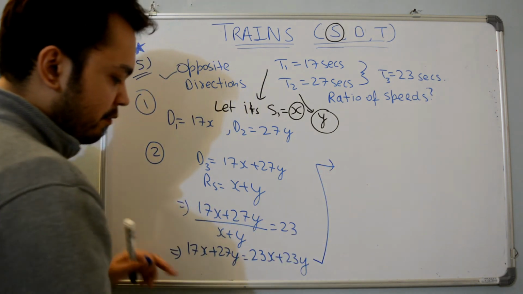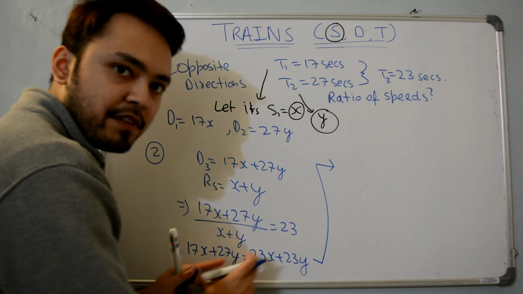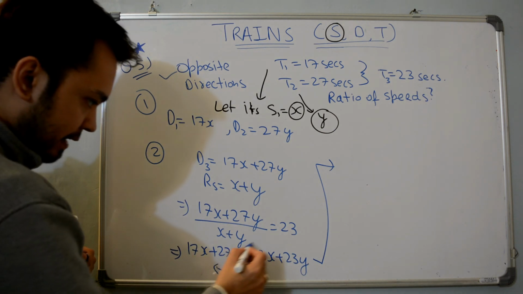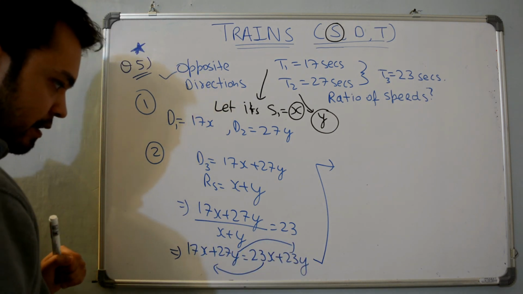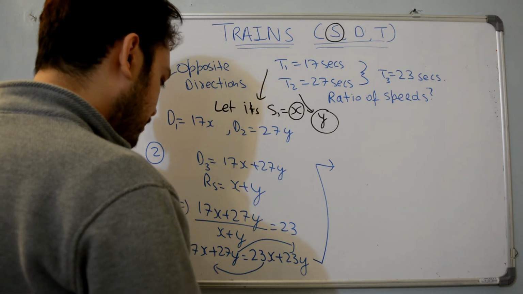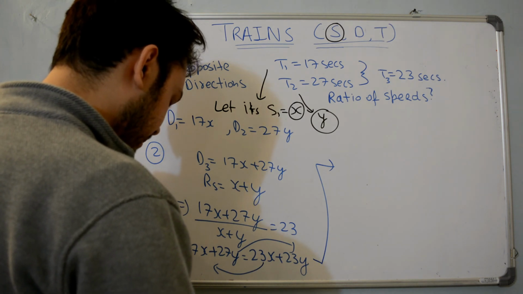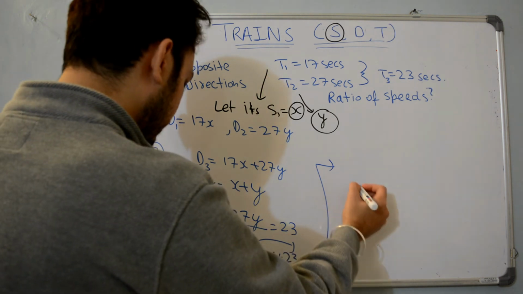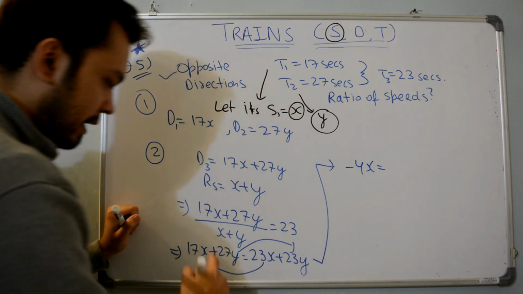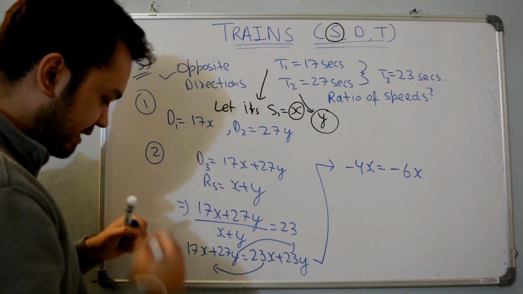Moving forward, we will bring the terms of x on the left hand side and that of y on the right hand side. So moving this here and this there, right? What we will get? We will get 23 minus 17 will be minus of 4x, and this we will find out to be minus of 6y, right?